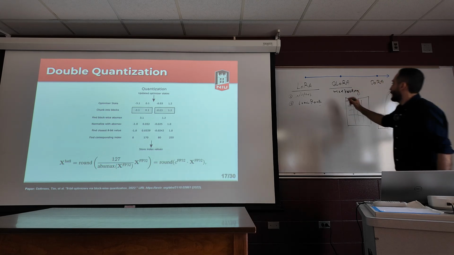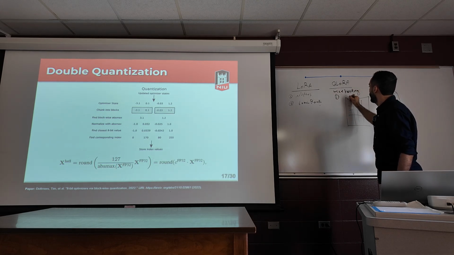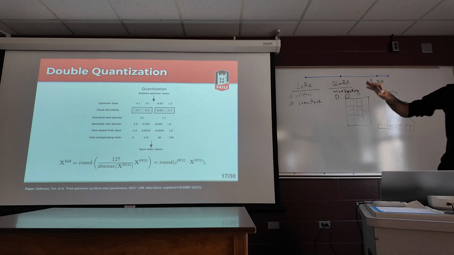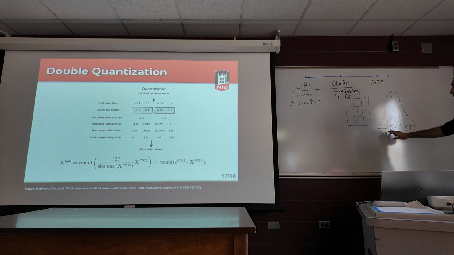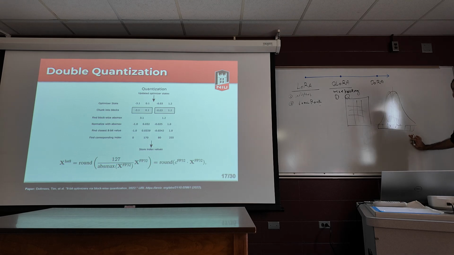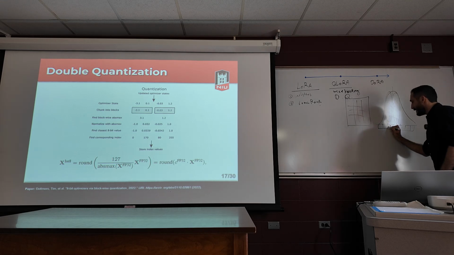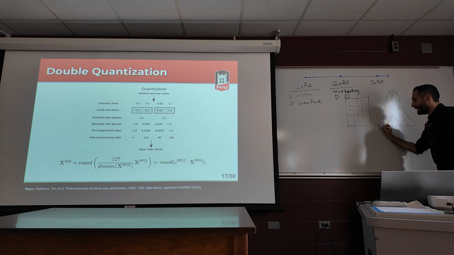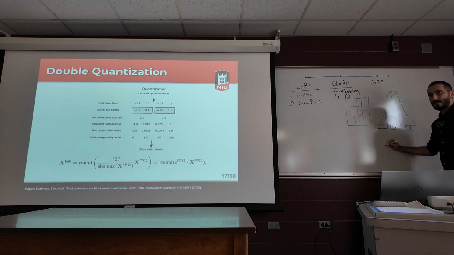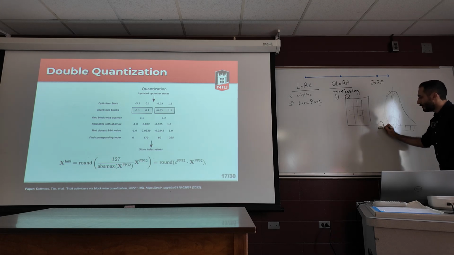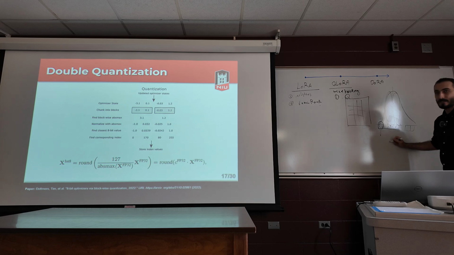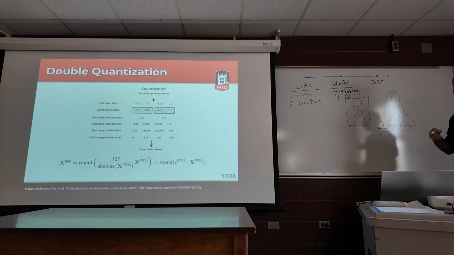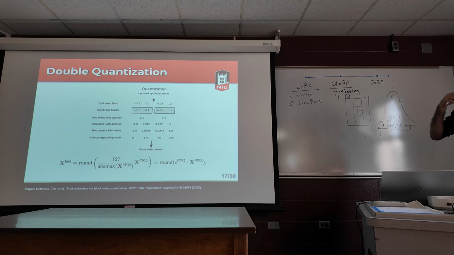Now we have double quantization. What they did, they said, okay, if we do that, it's not enough. Sometimes the difference between these numbers is really large. So they said, let's normalize these values, then do quantization again to decrease the effect of outliers on your data.